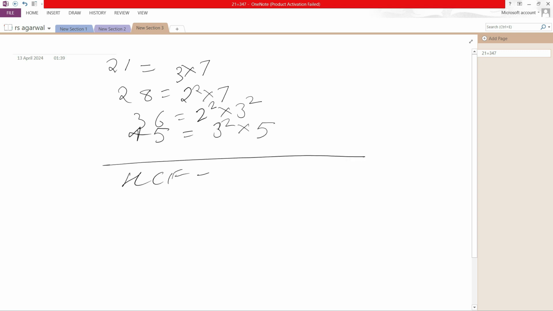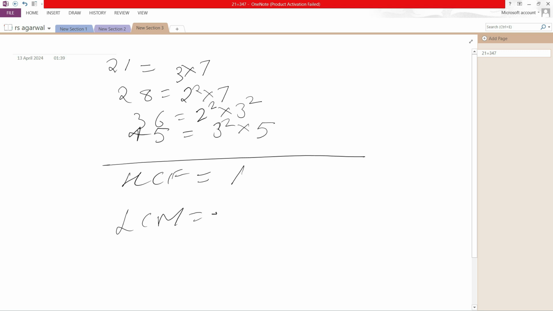Now SCF: 2 is not present in the factors of 21 and 45, so we'll not take. Same way 3 is not present in the factors of 28, so we'll not take. 7 is not present in 36 and 45, and 5 is not present in 21, 28, 36, so we cannot take any number. So SCF is equal to 1.